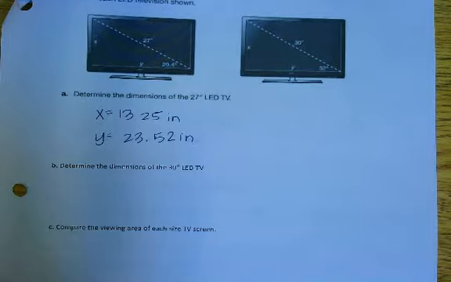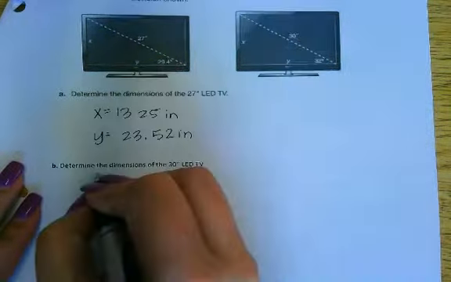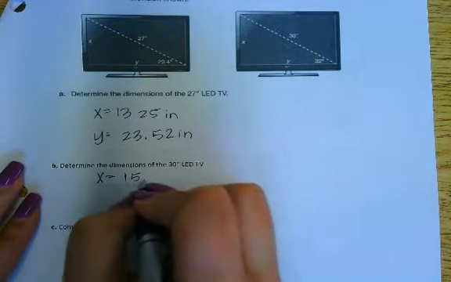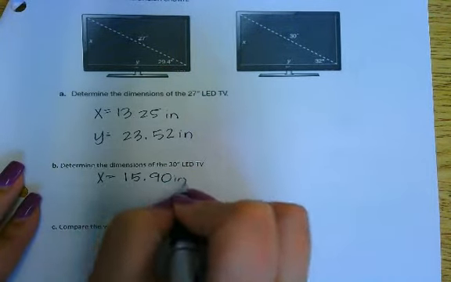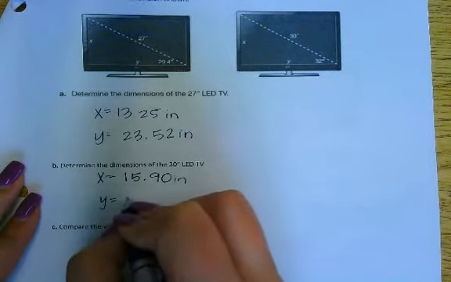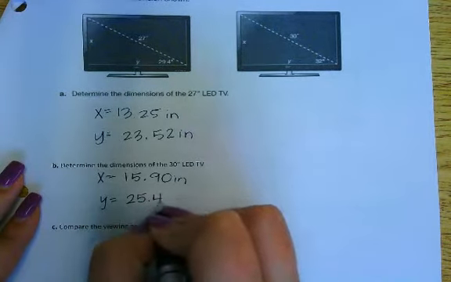Okay. What are the dimensions of the 30-inch? X equals 15.90 inches and Y is 25.44 inches. Okay, compare the viewing area for each TV screen.